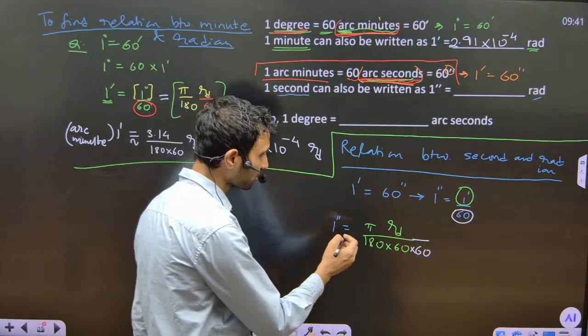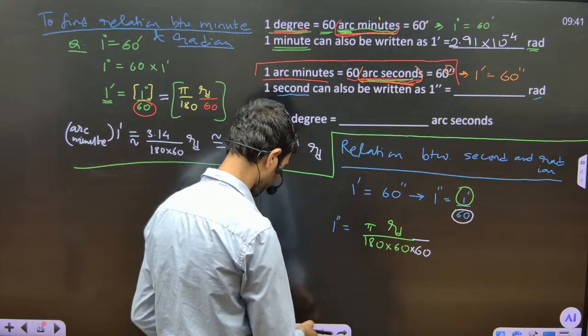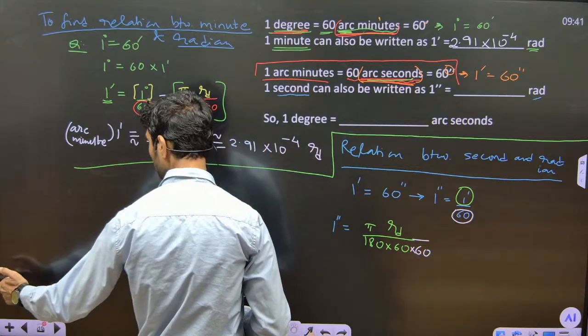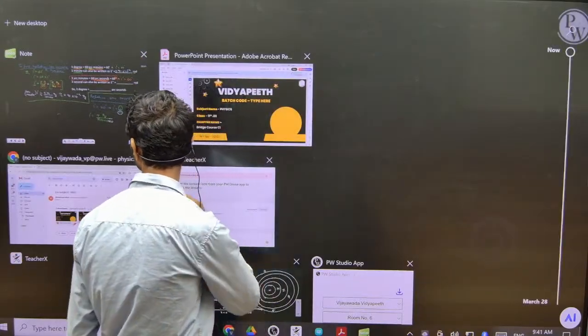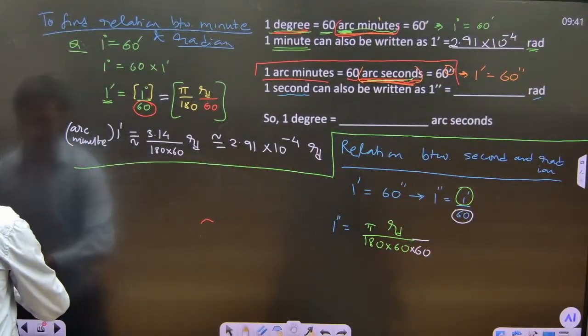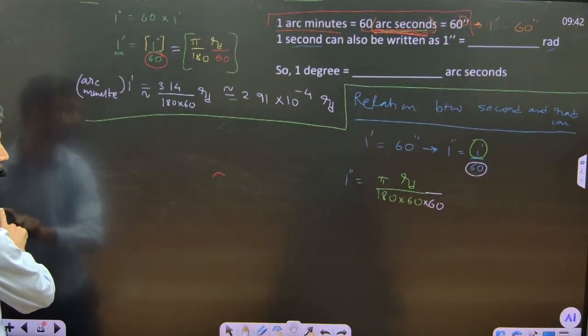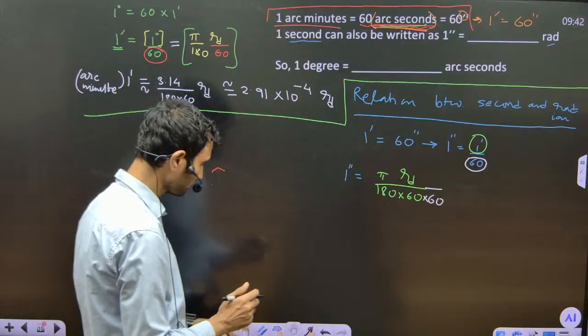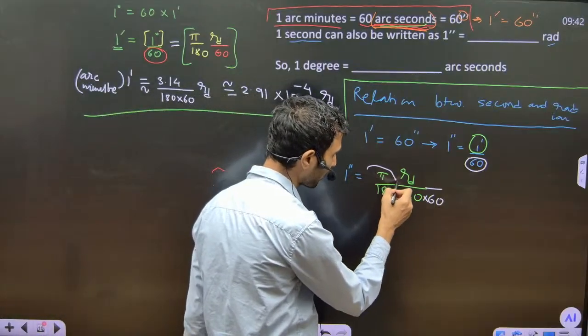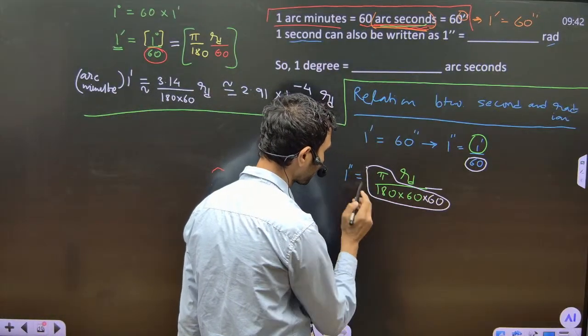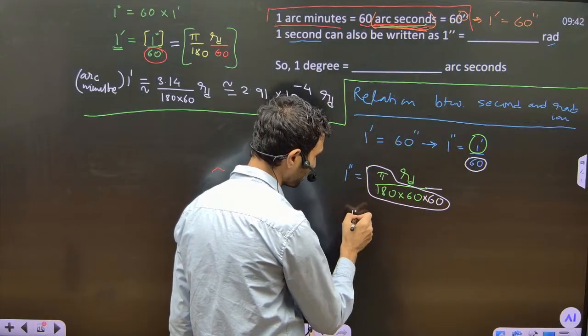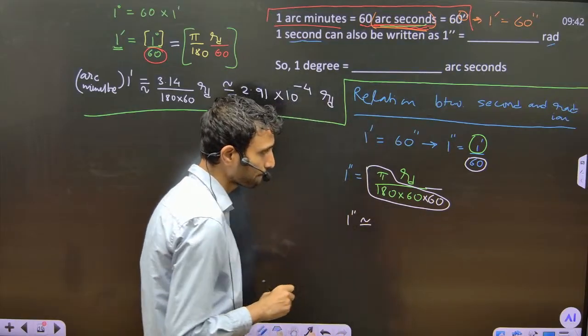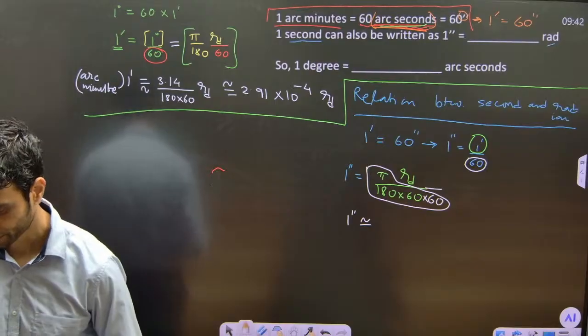So that comes out to be there. You have to do this calculation by hand. Pi is 3.14, and that roughly comes out to be how much? Check it.